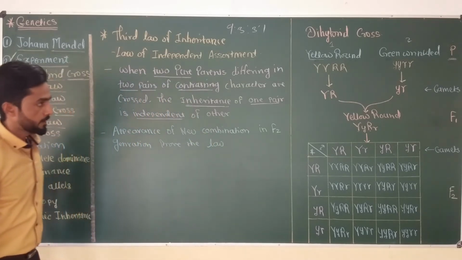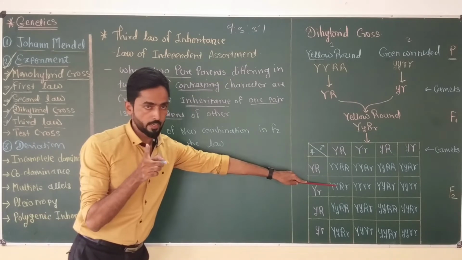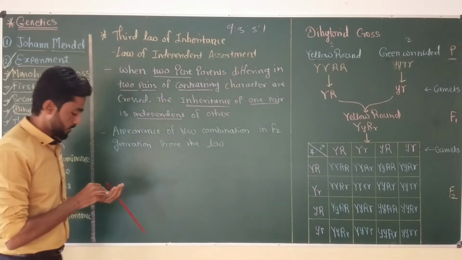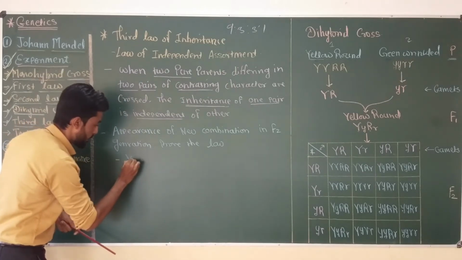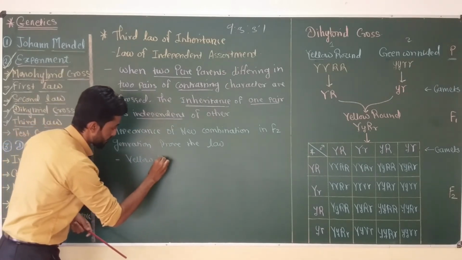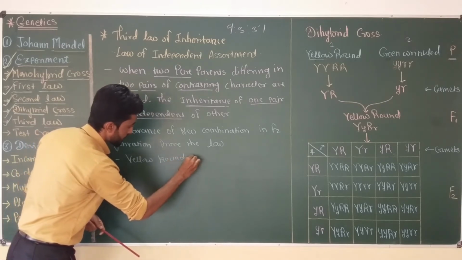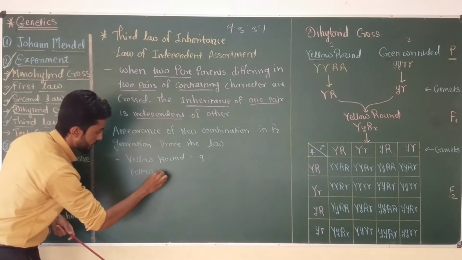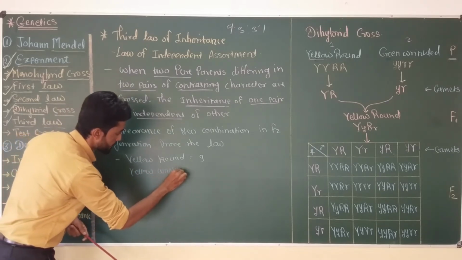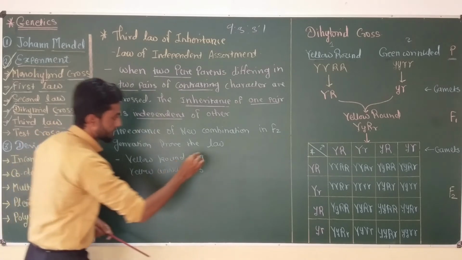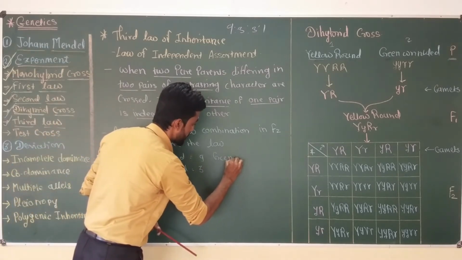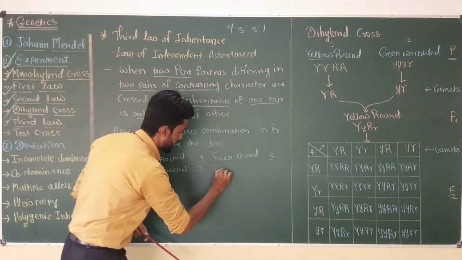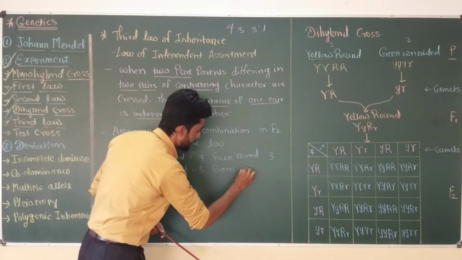Okay, so if we discuss the phenotypic ratio of dihybrid cross, it is 9:3:3:1. Okay, so the ratio is yellow round 9, then yellow wrinkled plant 3, green round 3 and green wrinkle 1.